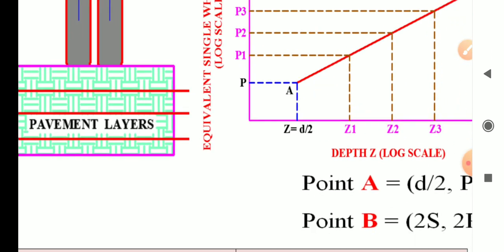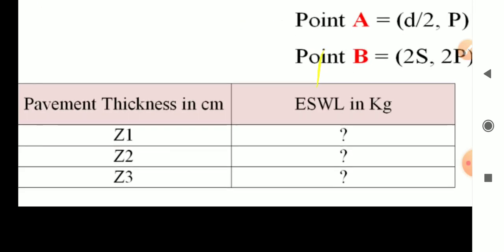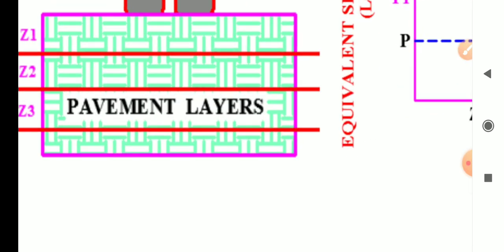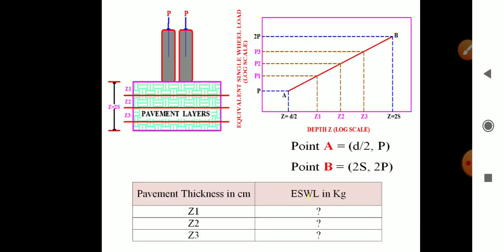That is found in this problem. Now see, pavement thickness in centimeter, ESWL in how many kg, for Z2, for Z3. So this is the concept.